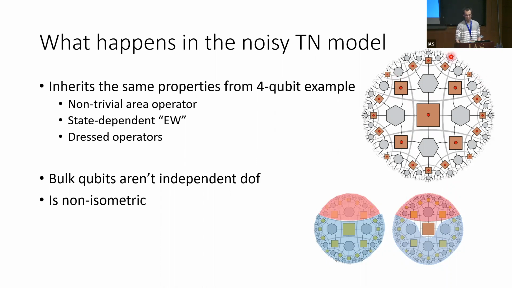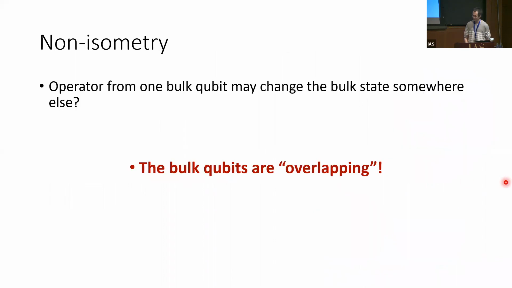So what I mean is the following: if I treat the boundary Hilbert space as the physical Hilbert space, and everything going on here is the one that you should be paying attention to, whereas the bulk is an effective description of the physics that's going on the boundary, then what you will find is that if you act a particular operator on the boundary and you wanted to change the logical state over here, it turns out inevitably that you will have also modified the state a little bit over here. So what is happening?